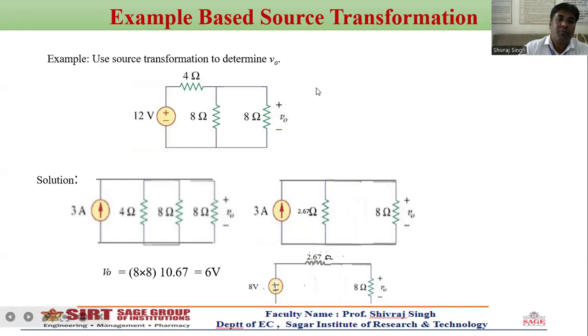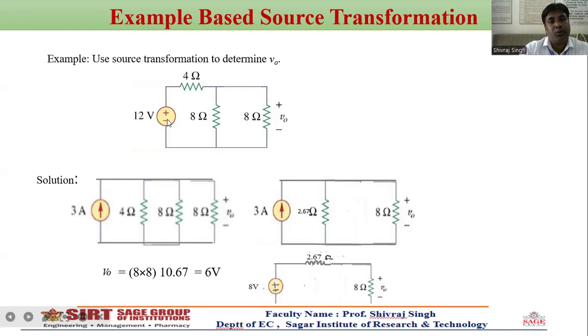In this case, firstly remember all elements are connected in parallel when using the source transformation rule. Second, elements are not changed if the response is found across them. So here the 8 ohm resistance is fixed, since we find the response across it.